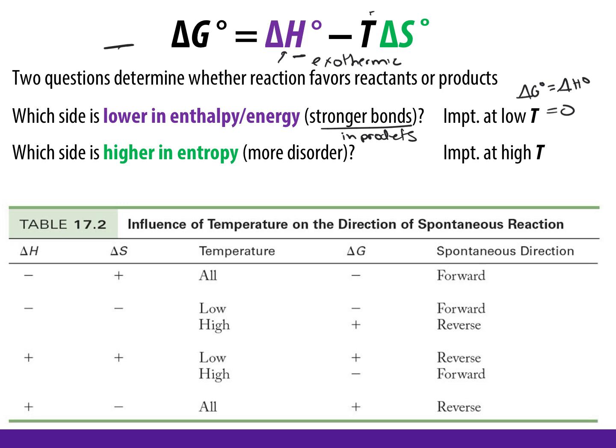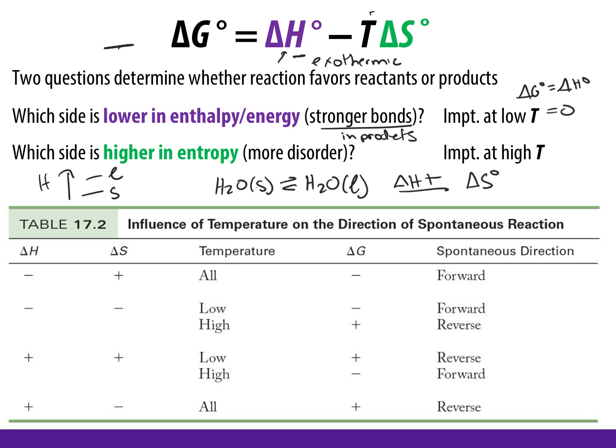So if you take a classic example like H2O solid going to H2O liquid, in this case, if we think about the energy or the enthalpy, the solid is lower in energy than the liquid. The solid is the most stable possible arrangement of the molecules, and so this reaction has a delta H that's positive. When we think about the delta S, well, solids have lower entropy than liquids.